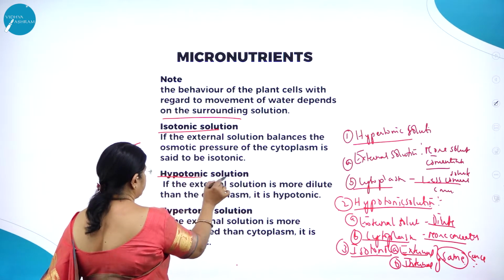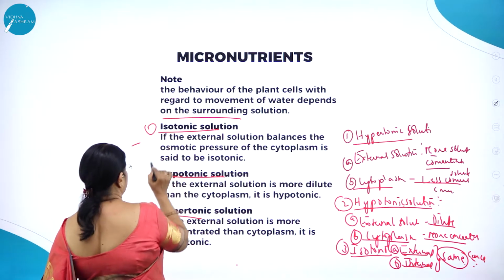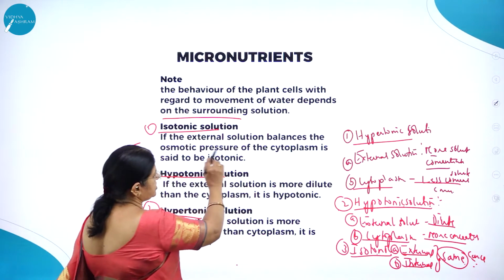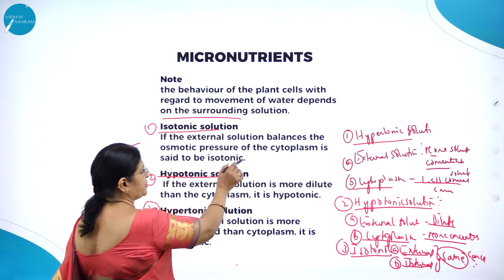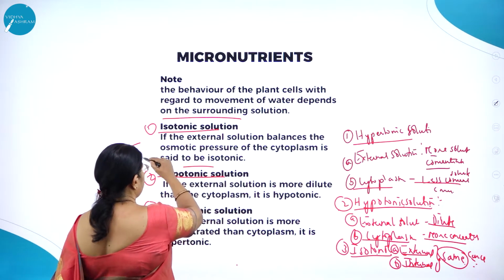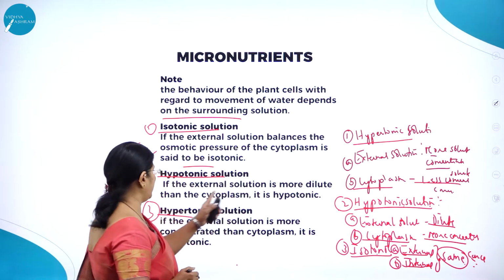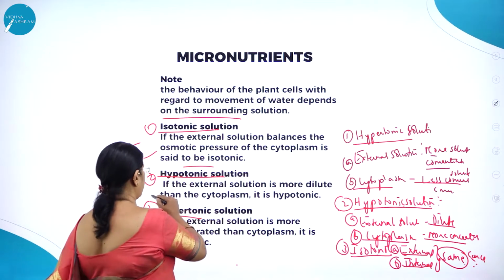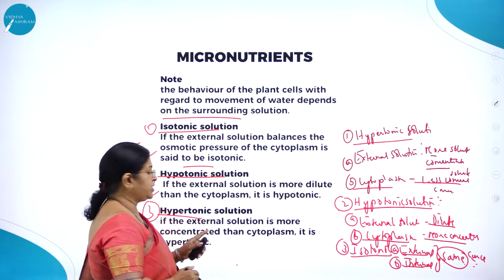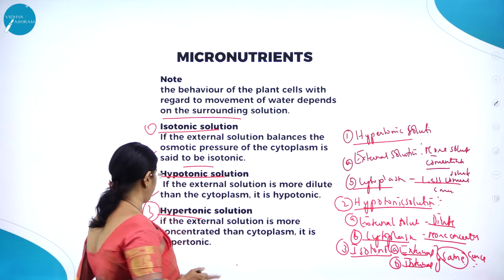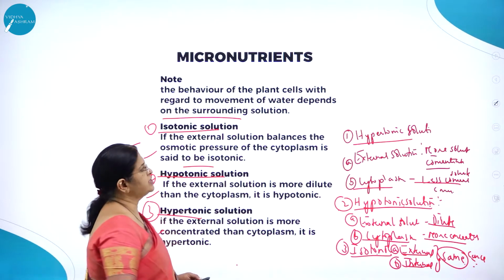If the external solution balances the osmotic pressure of the cytoplasm, it is isotonic. If it is more dilute than the cytoplasm, it is hypotonic. If it is more concentrated than the cytoplasm, it is hypertonic solution.